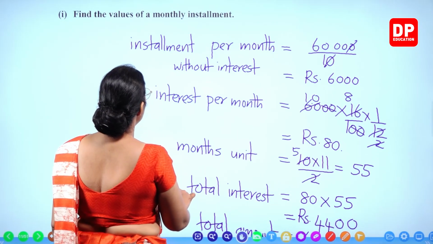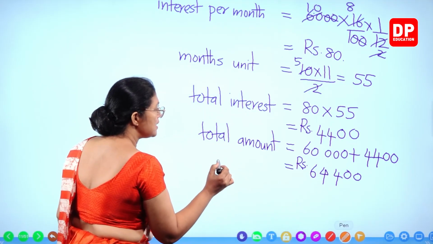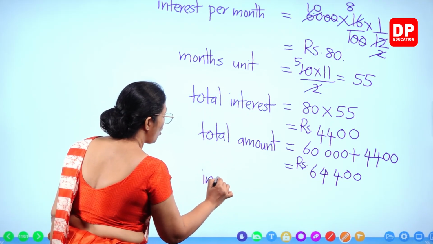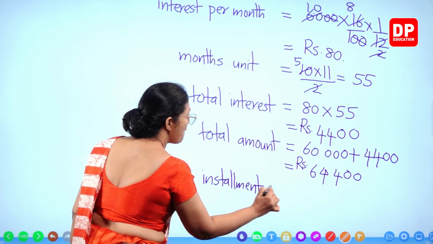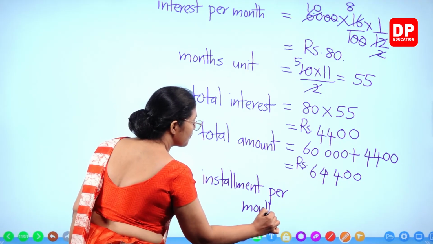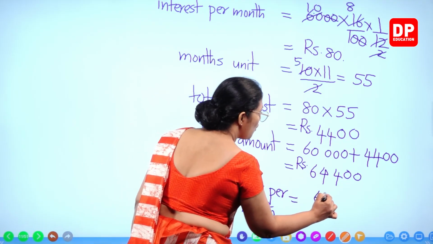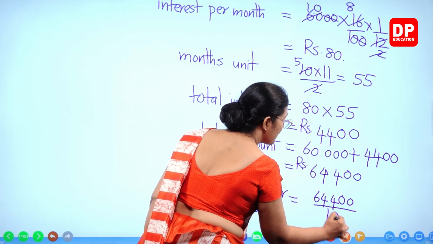Then what is the installment per month? You have to divide by 10. Installment per month. So 64,400 divided by 10.